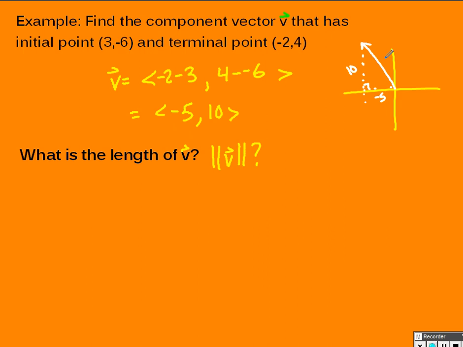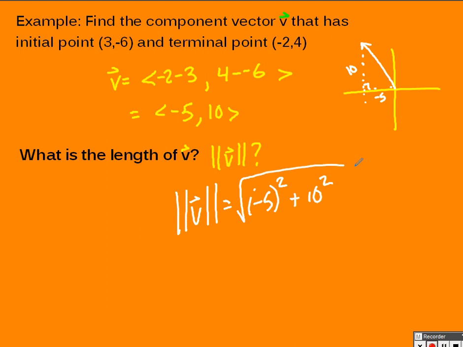With the Pythagorean theorem. So the length of v, and here's your notation, is just going to be the x value squared plus the y value squared from your vector. That would technically give you length squared. A squared plus b squared equals c squared. So I need to take the square root of that value. So this ends up being the square root of 125, and you can simplify it if you can. I'm going to leave it just like that.